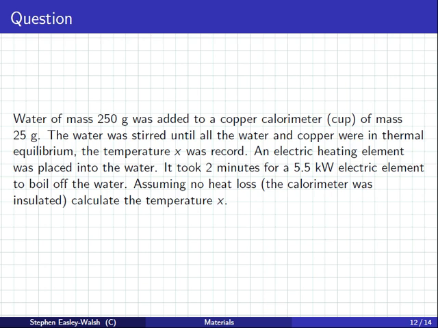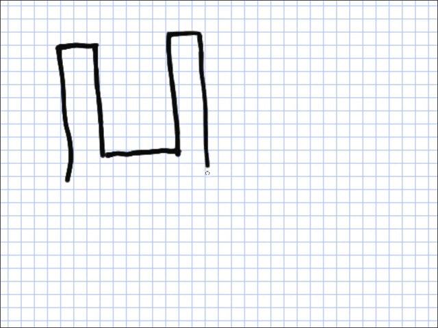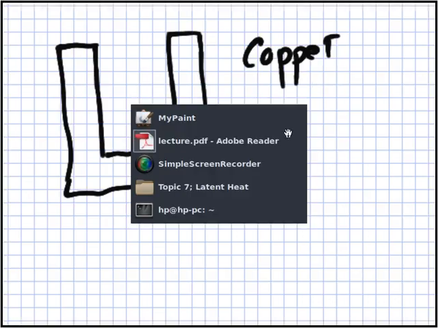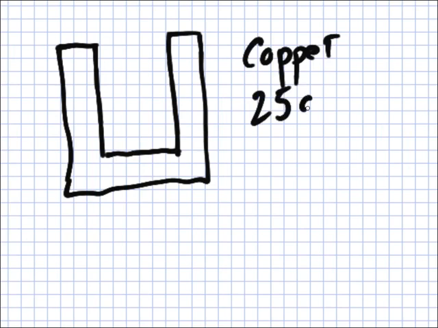Alright, now let me draw what's happening here, and I'll let you try this one. You've got a copper cup. This is my cup. This is copper. How much? 25 grams.